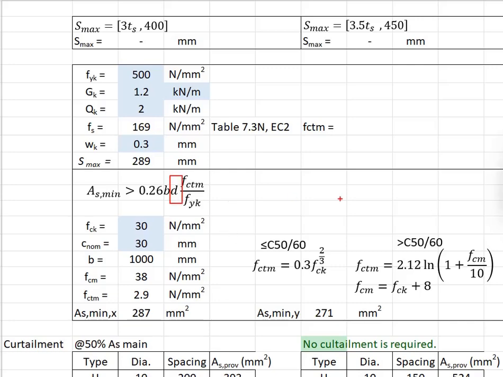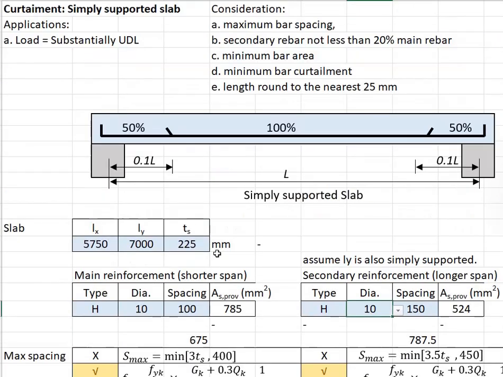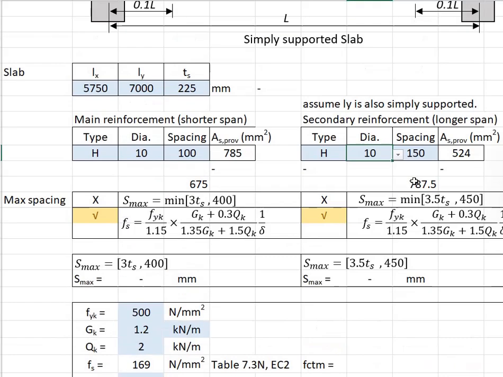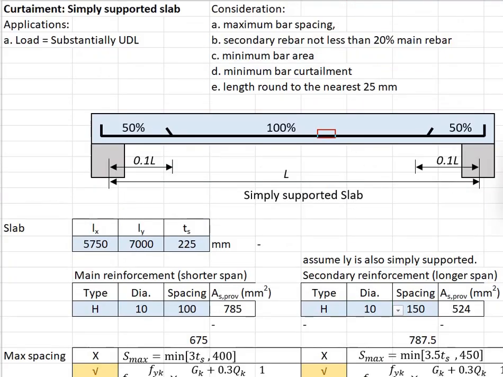The effective depth is calculated by minusing the thickness of the slab with its nominal cover, which in this case your nominal cover is 30, and then minus half of the bar size. As for the effective depth for the secondary reinforcement, thickness of the slab minus the nominal cover minus the size of the main bar, which is 10 mm, and minus half of the bar size.